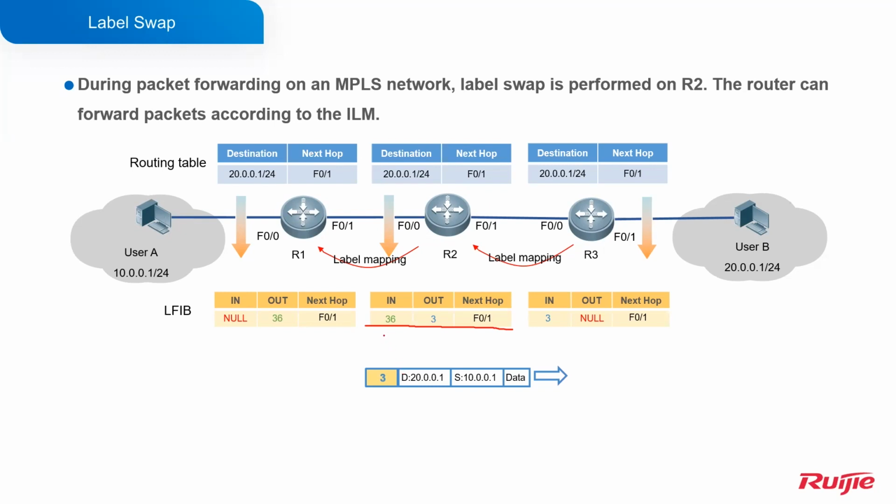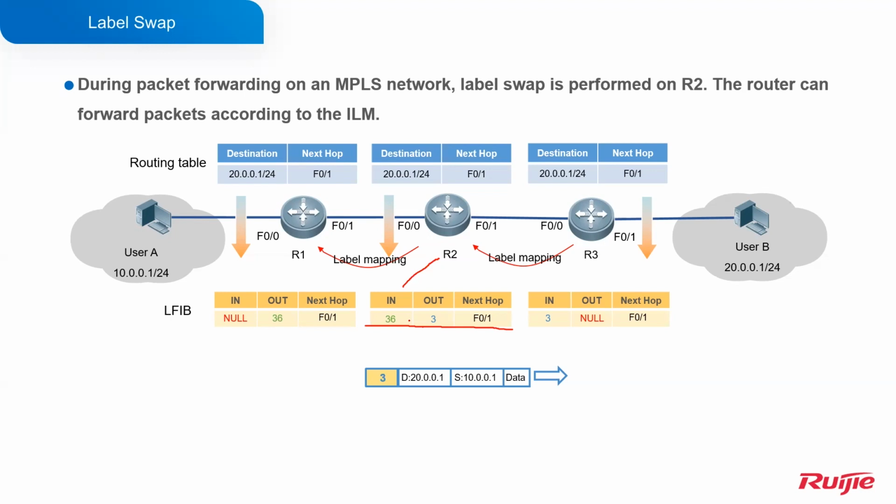So in this process, we find route 2 takes the 36 to match the in label. And because the in label is distributed by route 2 itself, I can keep every in label unique. But the out label is from my neighbor, and we cannot control which label will be distributed by the other devices.